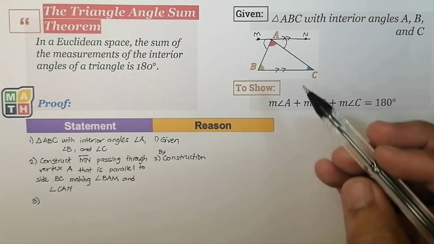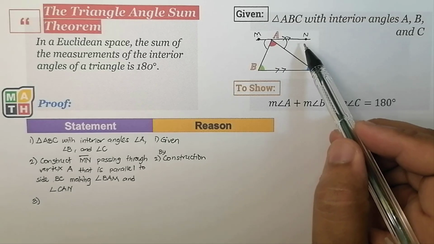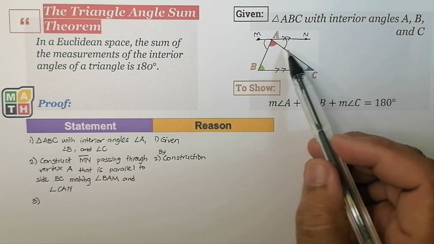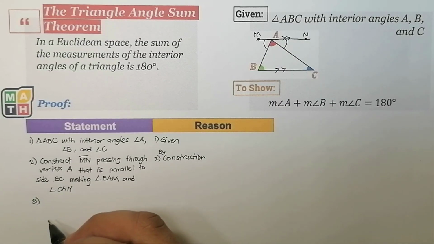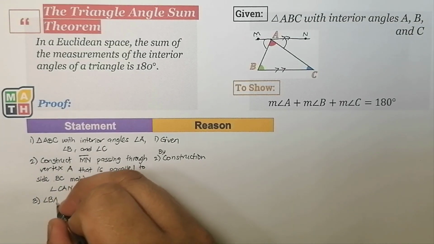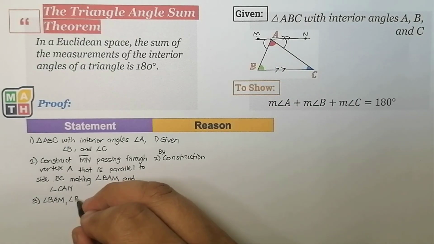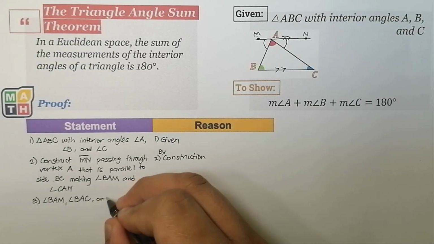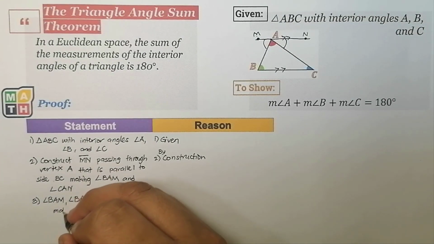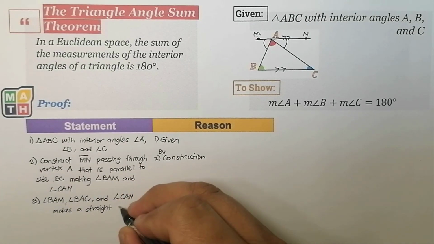This was made possible by the understanding that the given line segment AMN is a straight line segment under the Euclidean space. And all of these angles now can be summed up into a straight angle. So I could look into here and state that angle BAM, this angle here, I'm going to call it BAC, and angle CAN makes a straight angle.